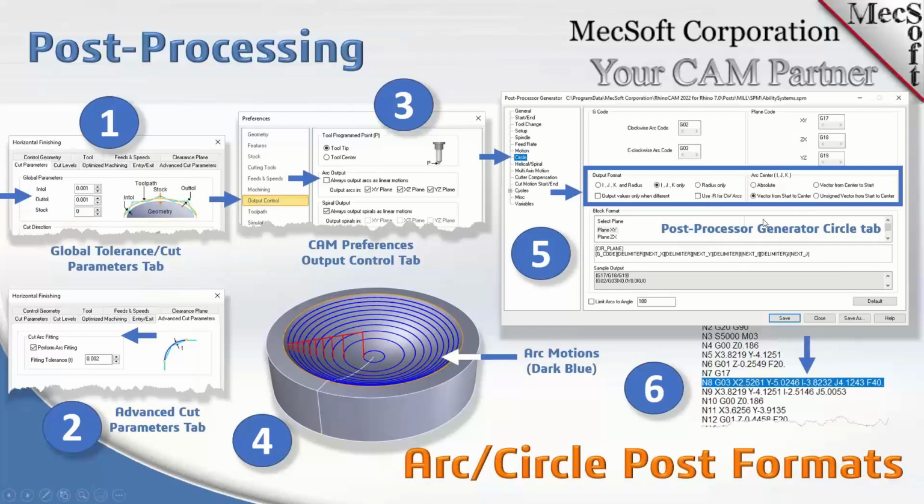Or if you still don't understand what the machine tool vendor is telling you, send us the information from your machine tool vendor and we'll make the appropriate adjustments and send you a post to test. Okay, so I think the arc circle format is covered pretty well.